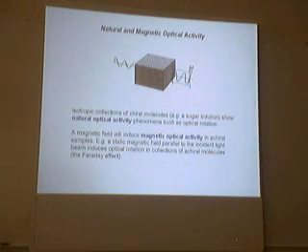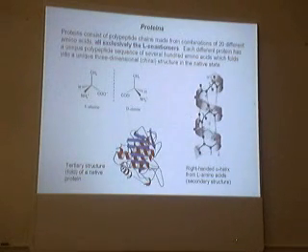Now, what has caused a lot of confusion is that a magnetic field will induce magnetic optical activity in non-chiral samples. So you apply a magnetic field parallel to the propagation direction of the light beam of any sample, even a non-chiral sample, and you'll get an optical rotation. And if you reverse the sense of the magnetic field, you get an equal and opposite sense of optical rotation. That's the Faraday effect.